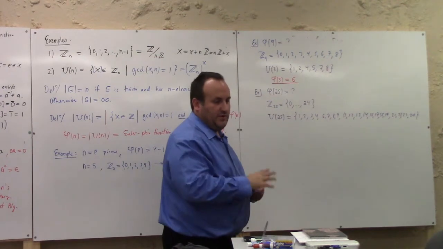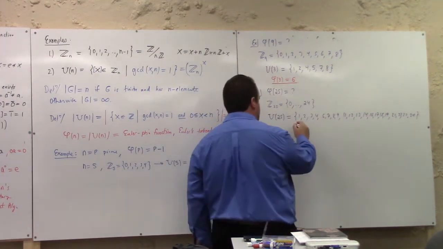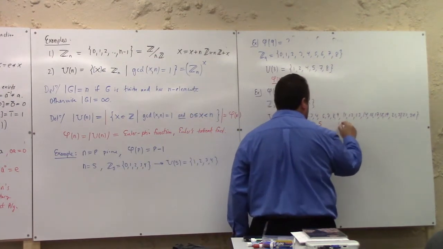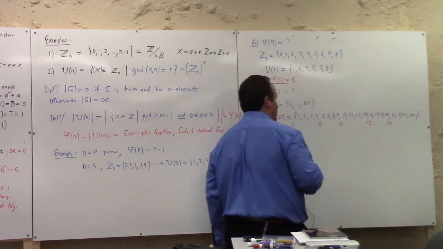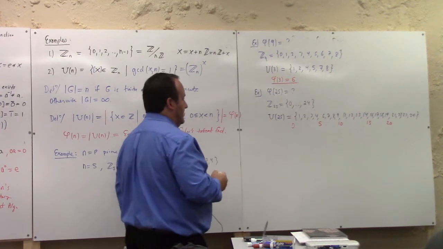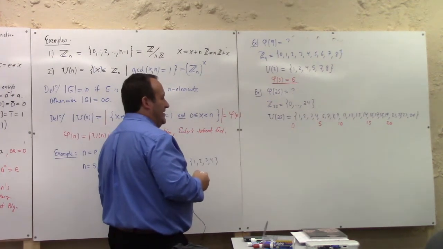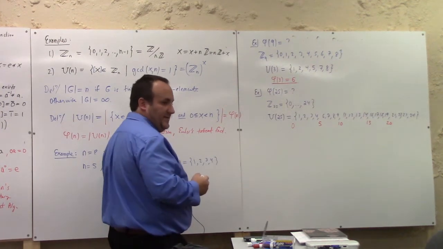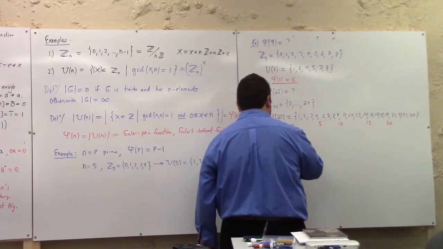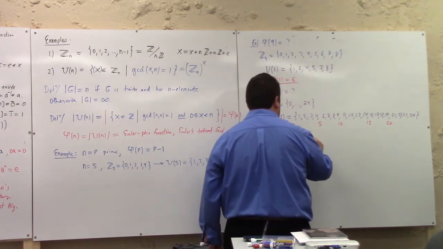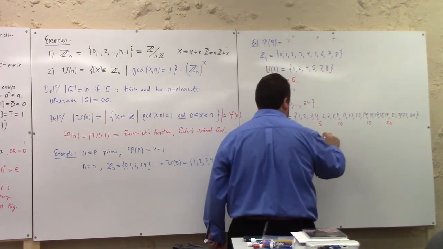What's missing are the 0, the 5, the 10, the 15, the 20. So how many is that? That's 1, 2, 3, 4, 5. So phi of 25 is equal to 25 minus 5.